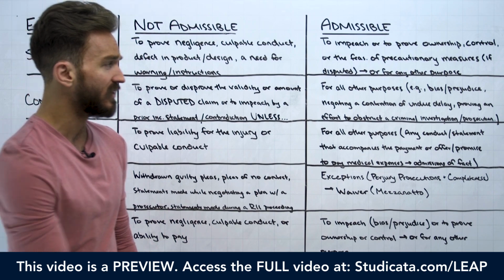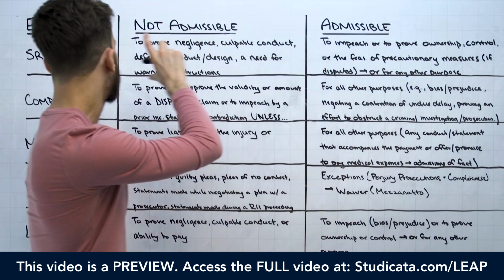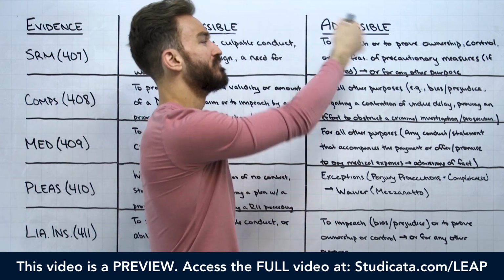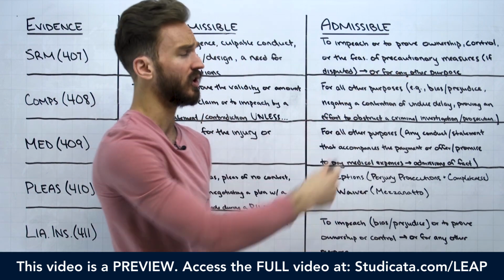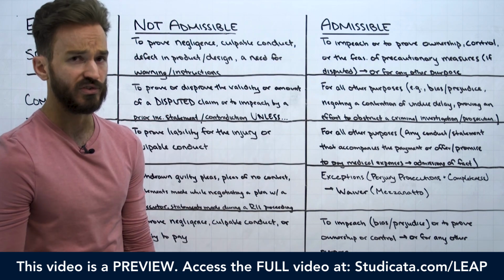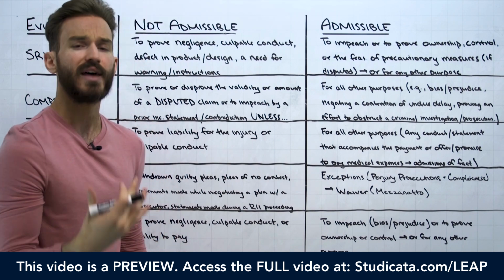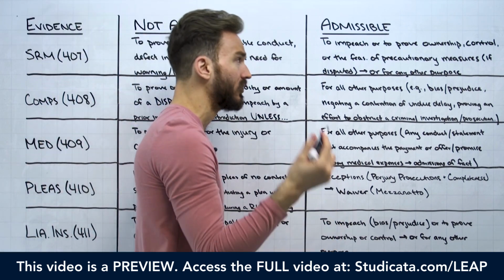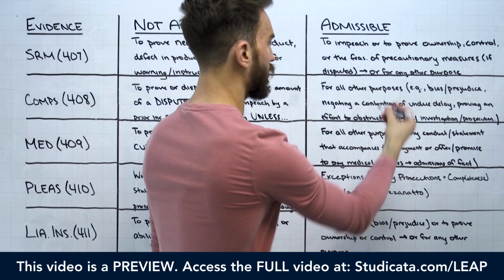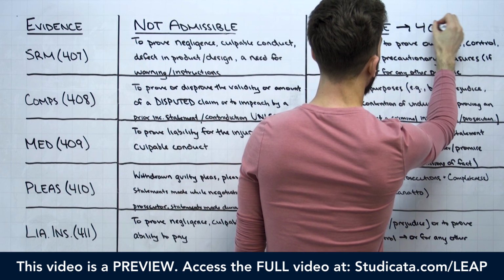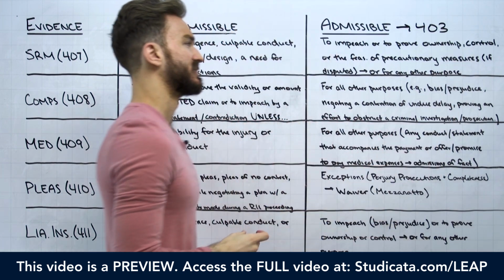Even if the plaintiff can say that he's introducing the subsequent remedial measure to impeach the witness or to prove ownership or control or for some other purpose, right? Well, that's going to get over the 407 hurdle, but that doesn't mean that evidence is going to be automatically admitted into court, right? We would still, at minimum, want to do a 403 balancing test, right?